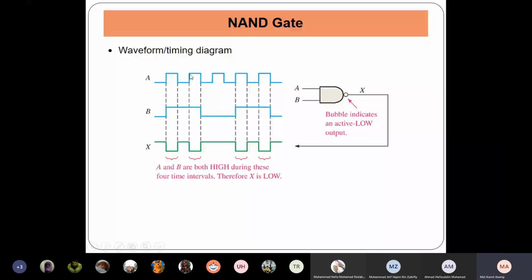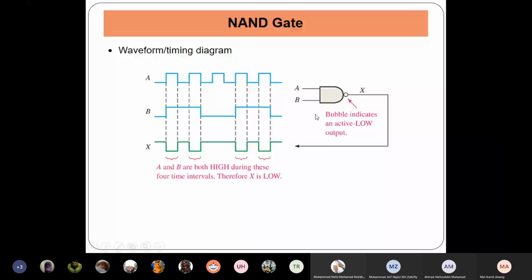When both are high, it is low. Here, low and low is high, high and low is high, low and low is high. High and high is low, low and high is high, high and high is low, low and low is high. A and B are both high during these four intervals. Therefore, X is low. So this is the timing diagram for a two-input NAND gate.